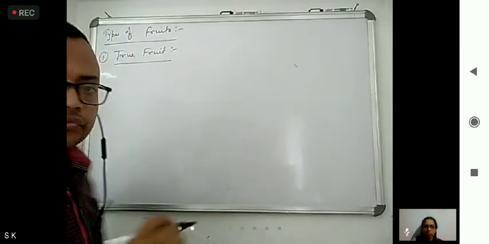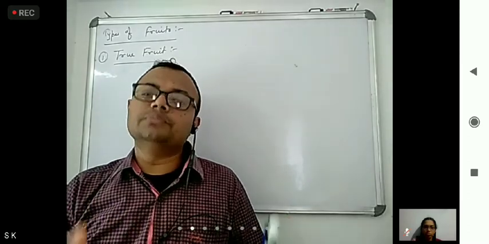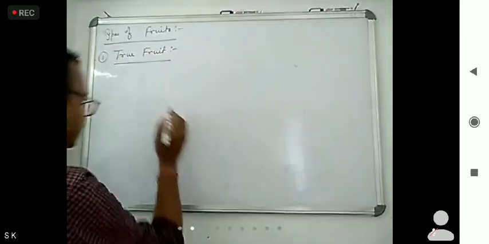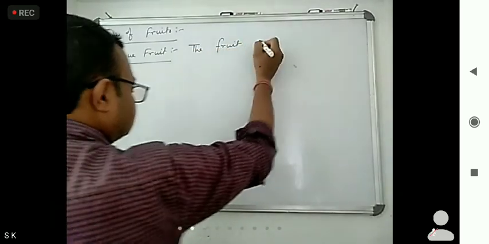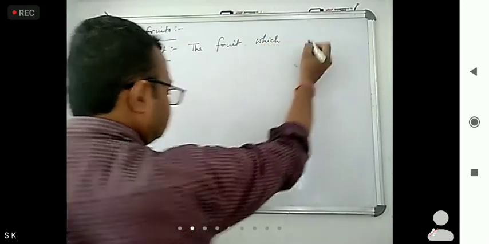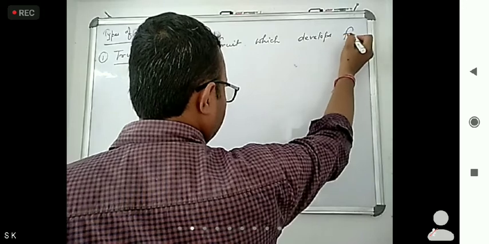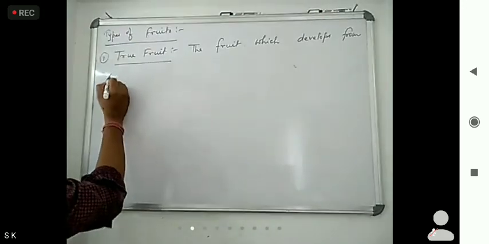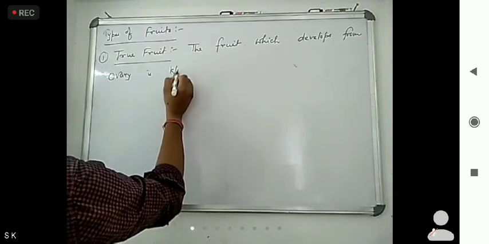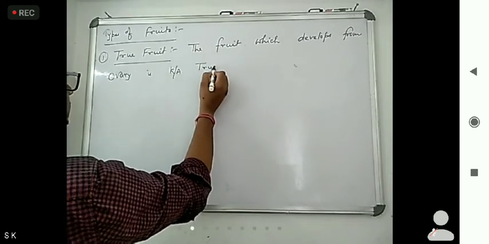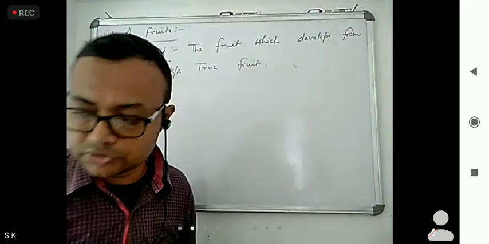Now, true fruit means what? The fruit which develops from the ovary is known as true fruit. From where does it develop? Ovary.